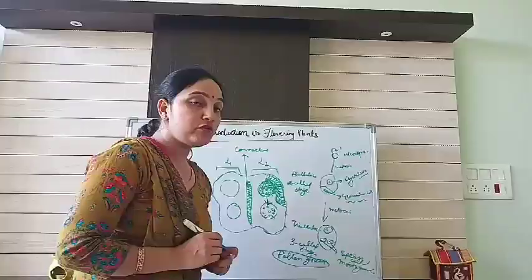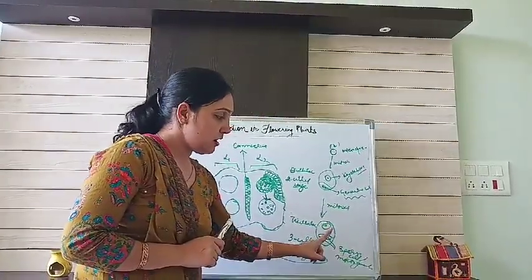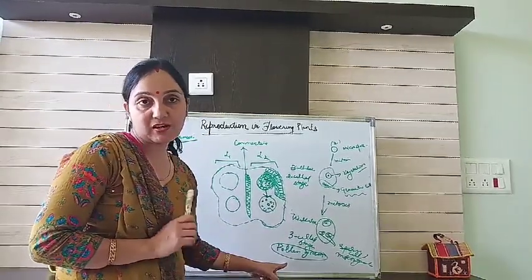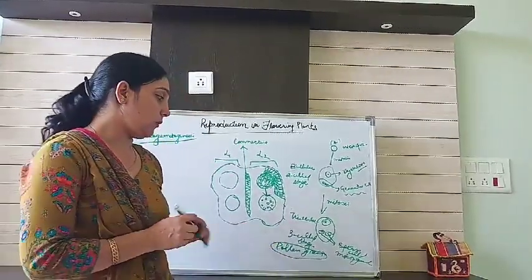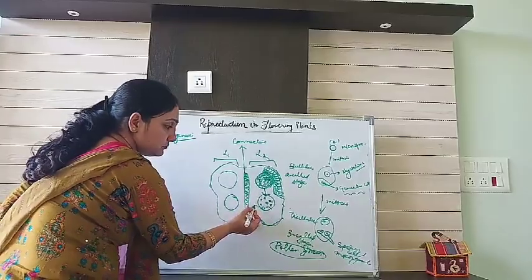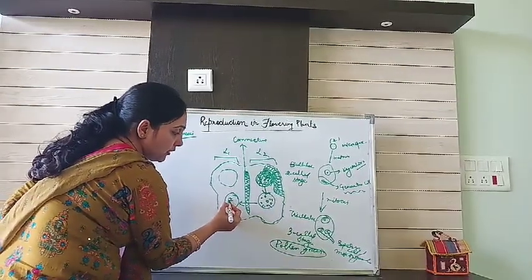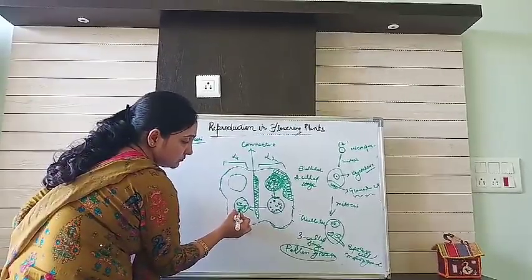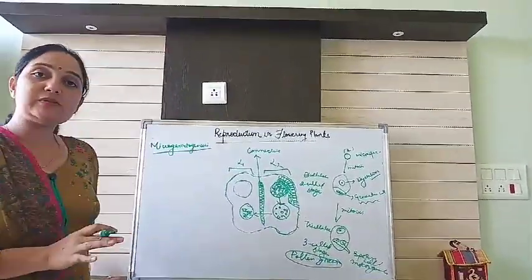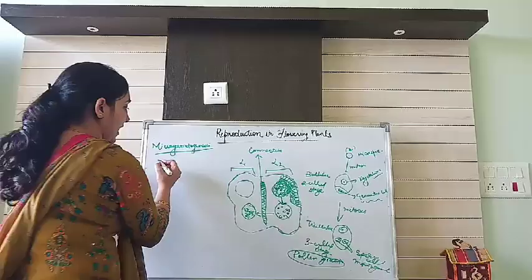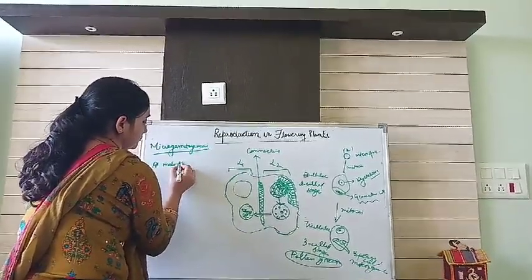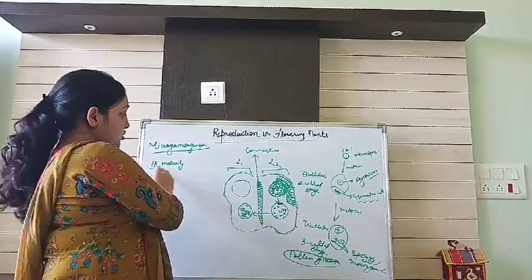Now, we stop calling these microspores and start saying pollen grains, which is the male gametophyte, right? After this, we get our pollen grains. When these pollen grains mature, what happens at maturity?